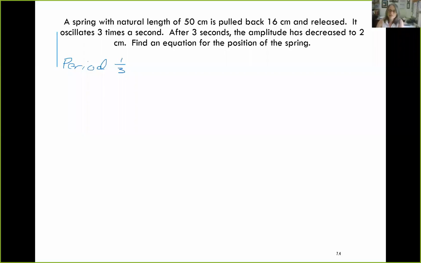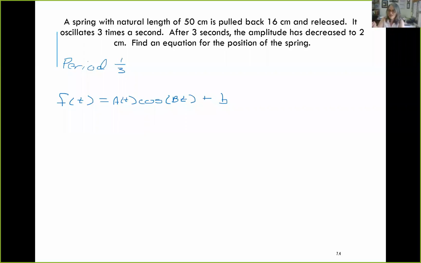We're going to have a damped harmonic motion, which is going to be some function of time multiplied by our cosine, plus some midline adjustment.